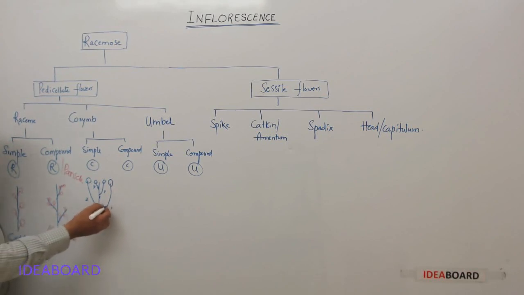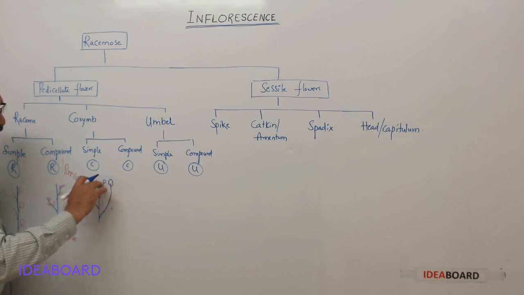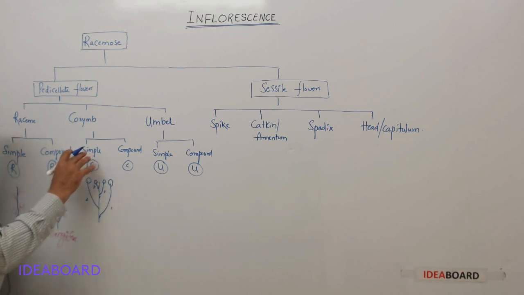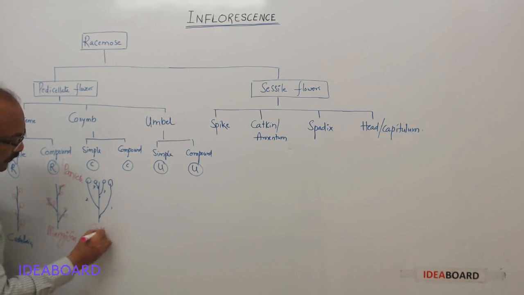But the first flower is with the long pedicel, and the last flower is with short pedicel, because of which all flowers will come onto one level. That is the corymb speciality. And the example for this, simple corymb, cassia.